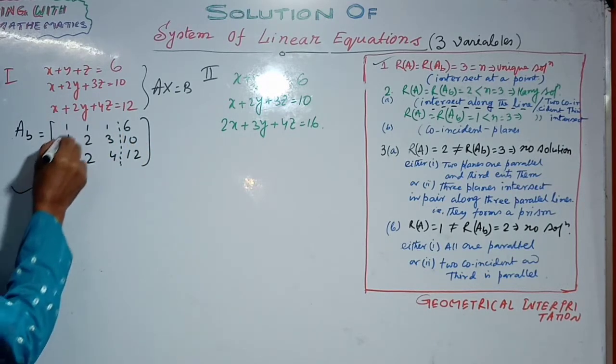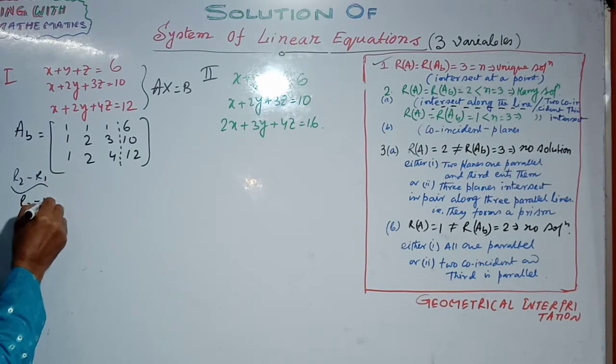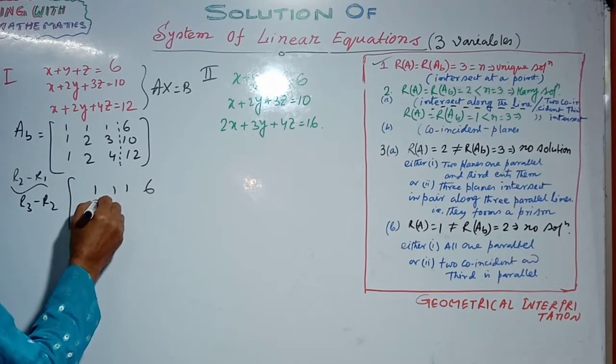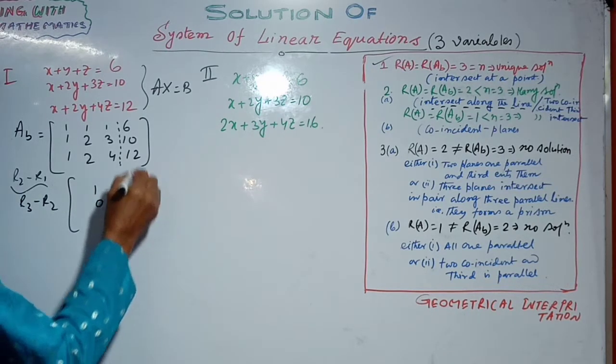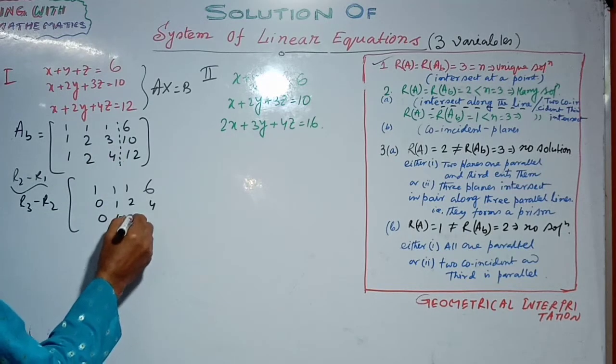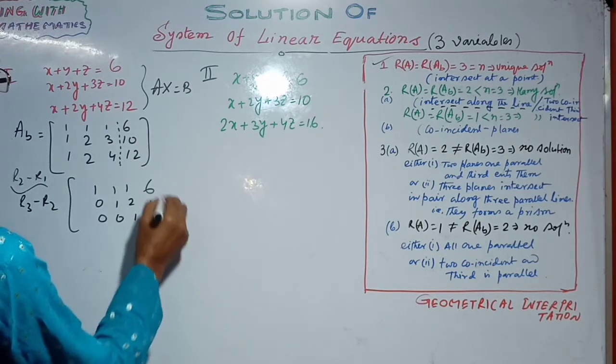Now operate R2 minus R1 and R3 minus R2. Therefore 1 1 1 6, and this is 0 1 2 4 and 0 0 1 2.